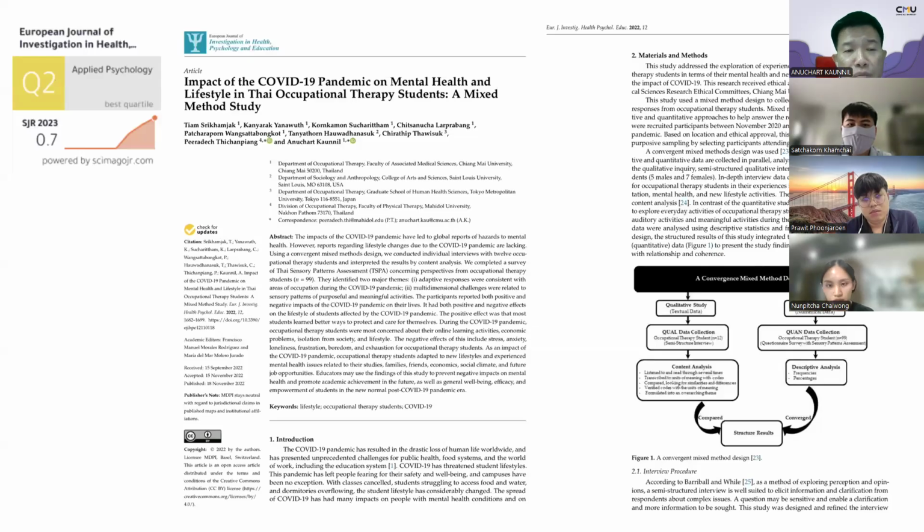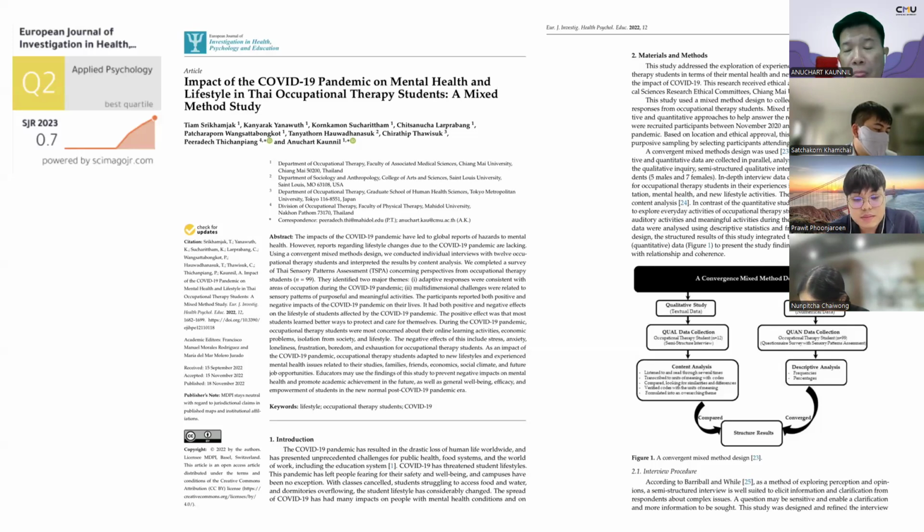For example, this is my research on the impact of COVID-19 pandemic at that time: mental health and lifestyle in Thai occupational therapy students, a mixed method design. At that time, we tried to measure whether students were affected, and what their feeling was in terms of COVID-19 impact. We tried to use the T-SPA of Ajahn Thiam, could you remember?